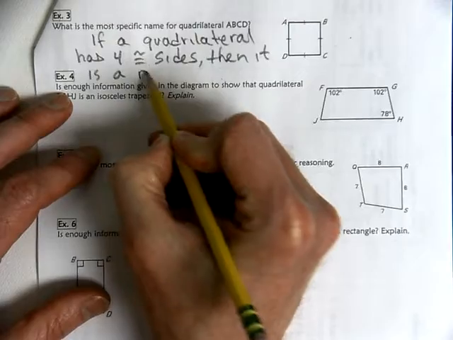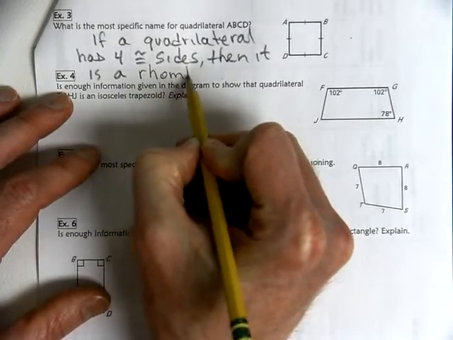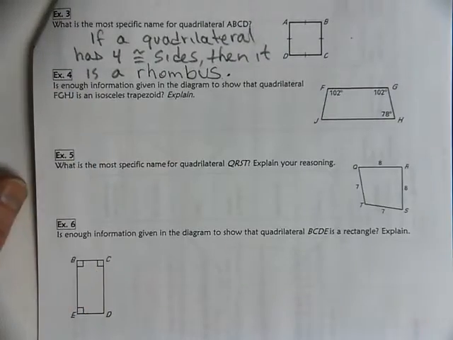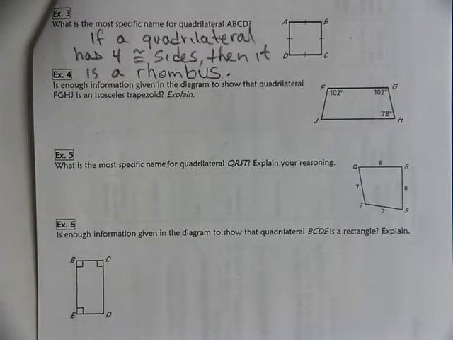So it is a rhombus. That we know for sure. If those are right angles, then it's a square. Looks like a square, but we don't know for sure.